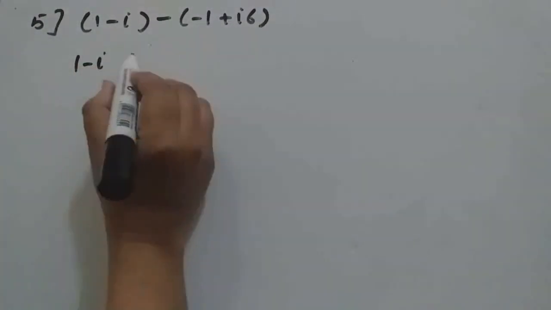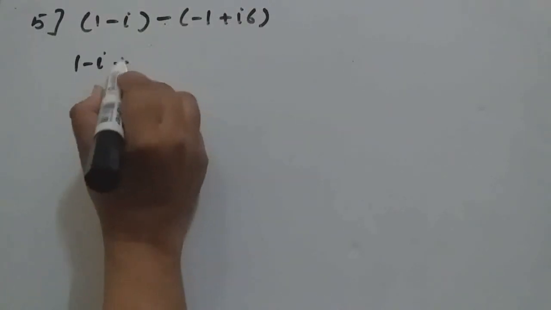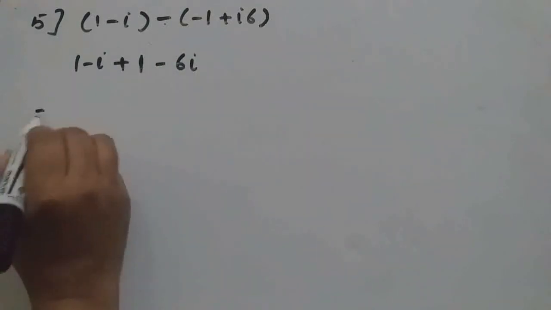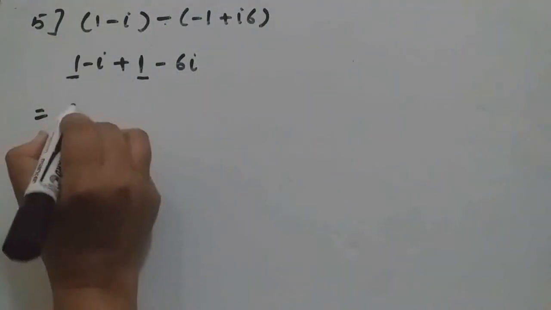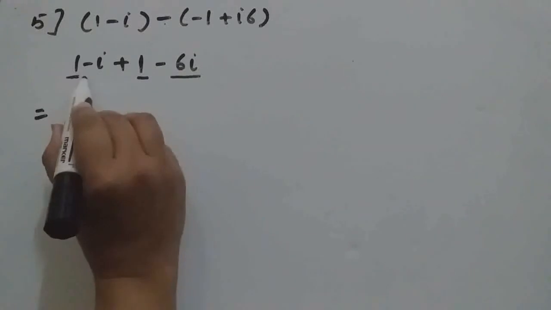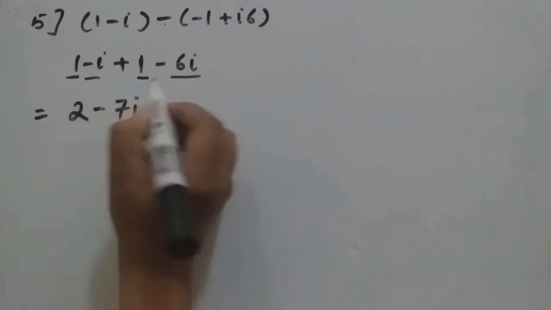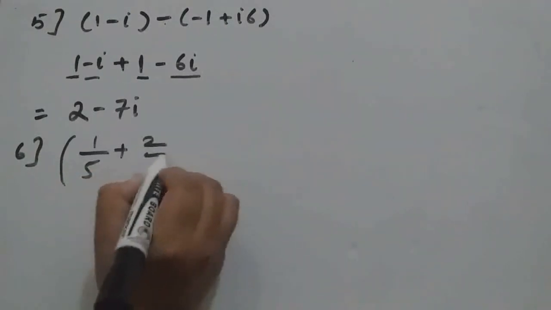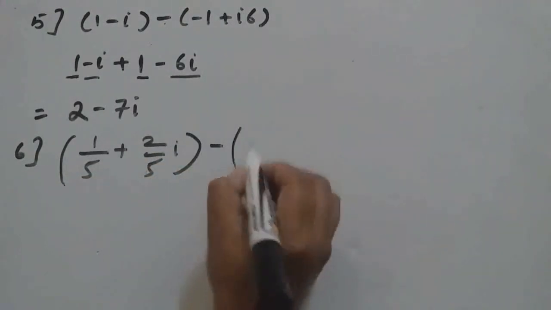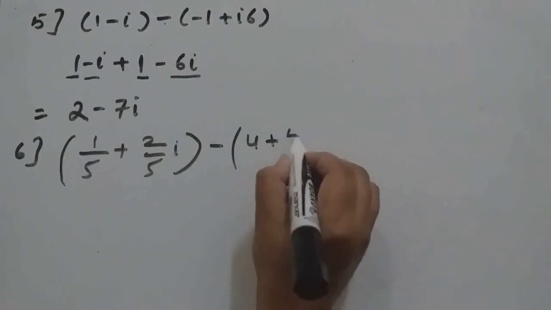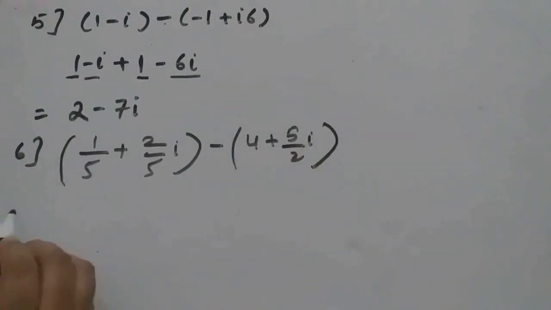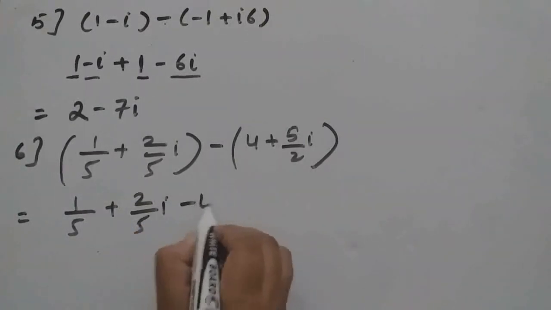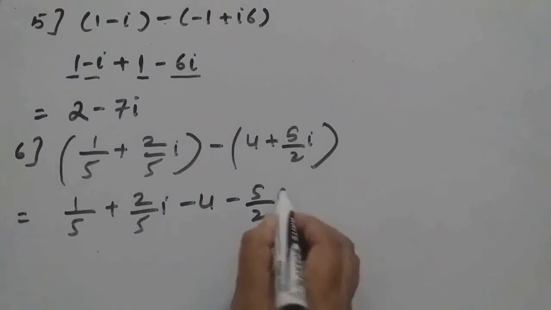One minus i, from minus we can open the bracket, plus 1 minus 6i. Okay. So see, real part 1 plus 1 is 2 and imaginary part minus 6 minus 1 means minus 7i. Then question number 6 is (1 by 5, 2 by 5i) minus (4 plus 5 by 2i). So here we will open the bracket first, minus 4 minus 5 by 2i. Okay.